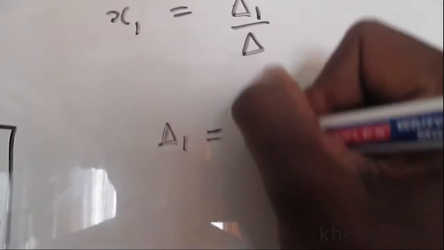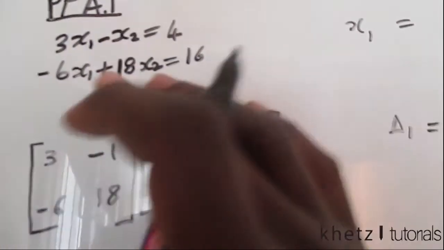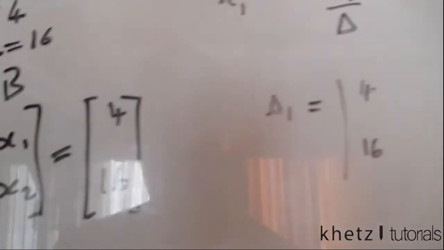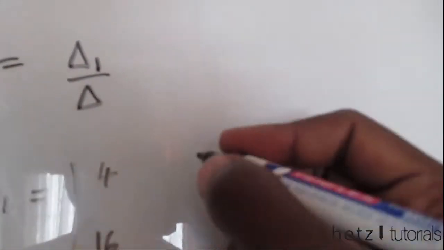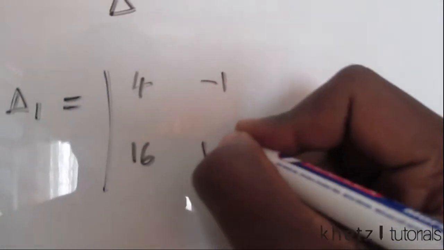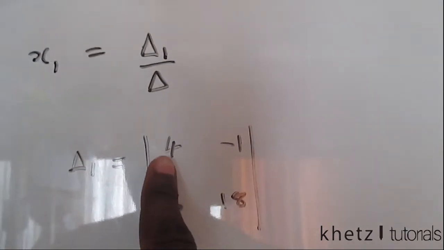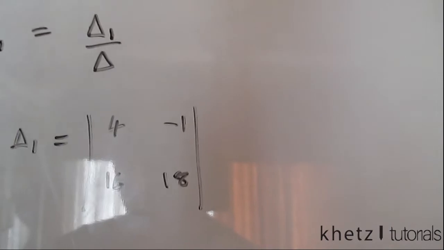So we're going to say delta 1 is equal to the determinant of 4. We now move this and then keep everything as it is. So we move 4 and 16, right? And we leave the minus 1 and the 18 as they are. So for the determinant of this, we multiply that by that, and then subtract that multiplied by that, right?